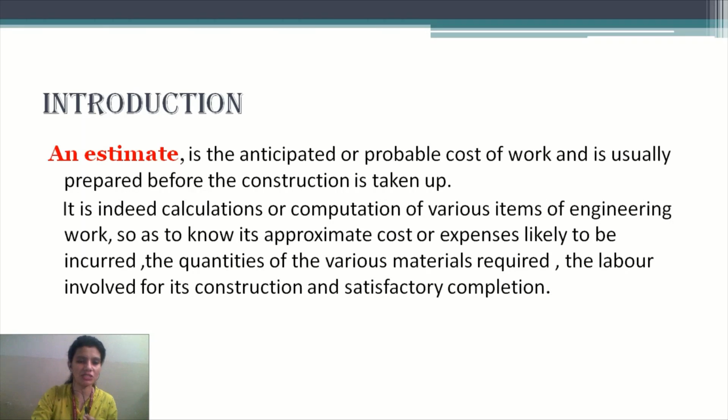After that, we simply multiply each quantity with the given rates as per PWD or the schedule rates. After multiplying by the rates, we find the actual cost of the work. So it includes the quantities of the material and the labor involved for its construction until satisfactory completion of the work.